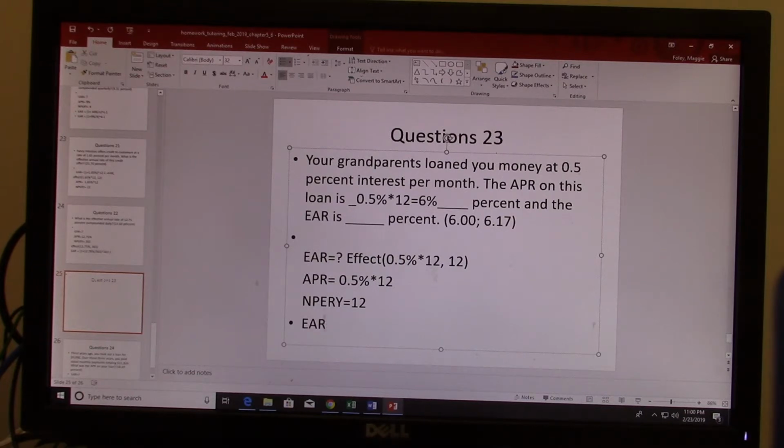Or mathematically, 1 plus 0.5% to the power of 12, subtract 1, that will give us the EAR. So you see, the interest rate is 0.5%, compounded 12 times in a year, that will give us the EAR.